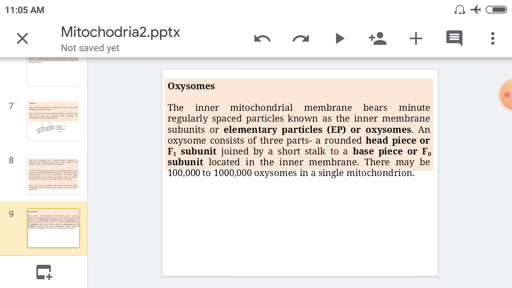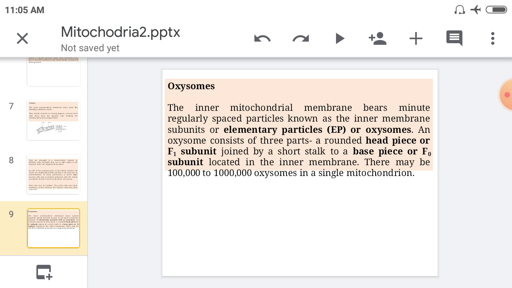Then oxysomes. The inner mitochondrial membrane bears minute regularly spaced particles. It means in the inner mitochondrial membrane very small particles are present, and these are called inner subunits, or elementary particles, or oxysomes.